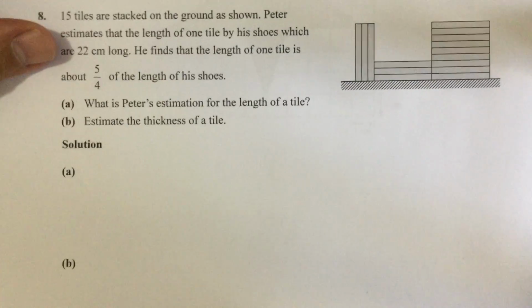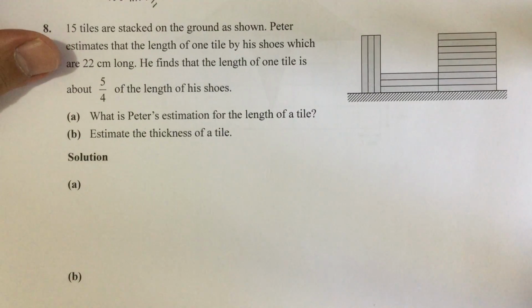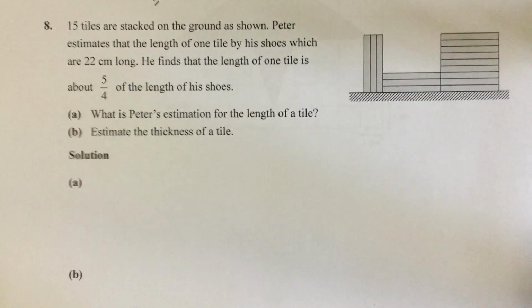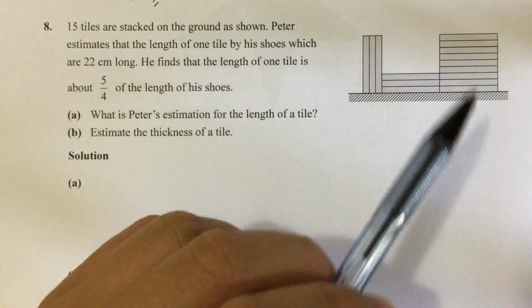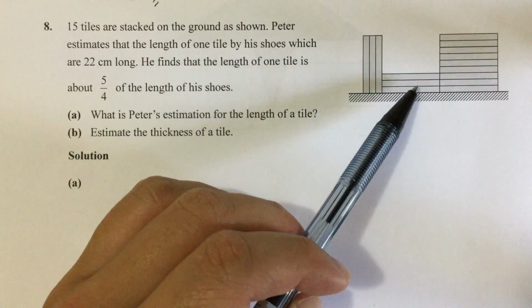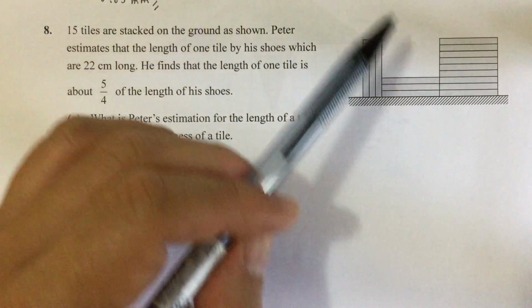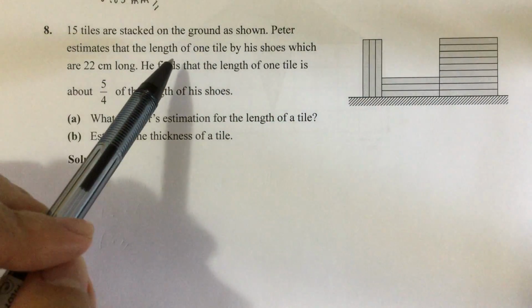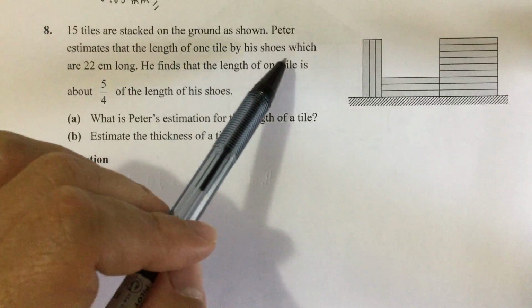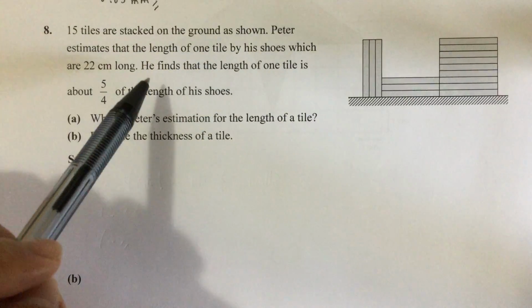Okay, now let's look at question 8. I will let you do it by yourself first, but I will tell you what this is. 15 towels, that means there are 15 towels of length, are stacked on the ground as below. Peter estimated the length of one towel by his shoe, which is 22 cm long.